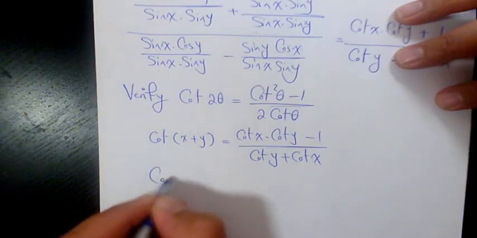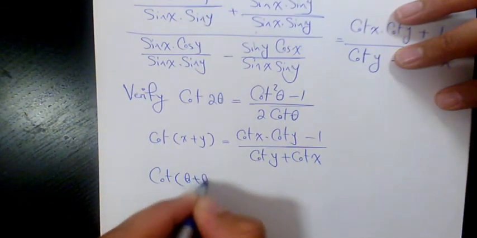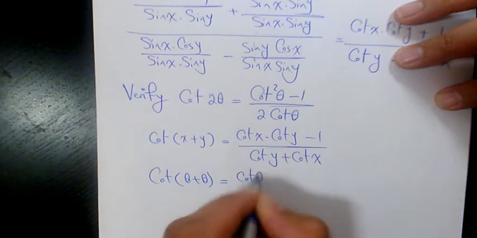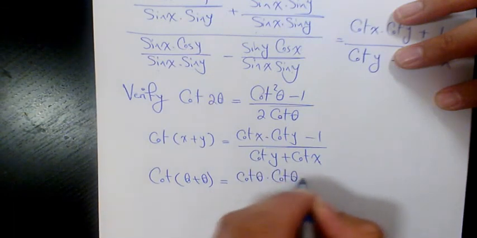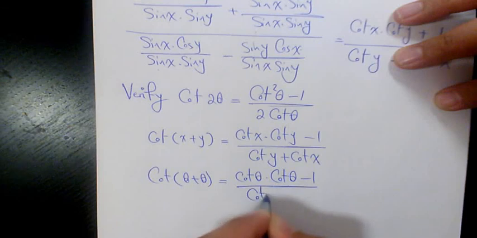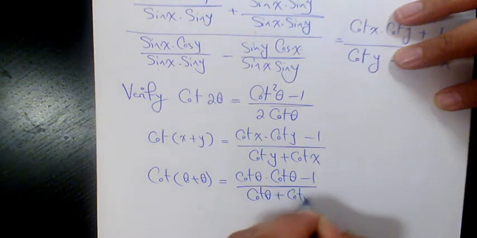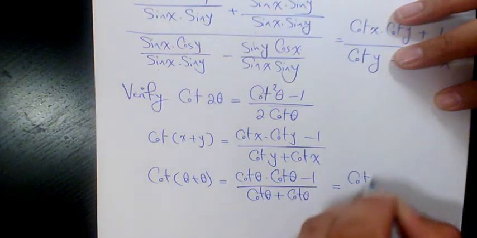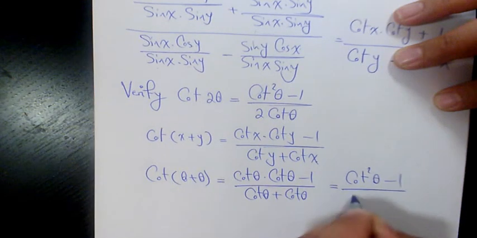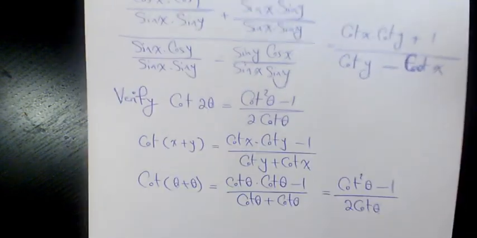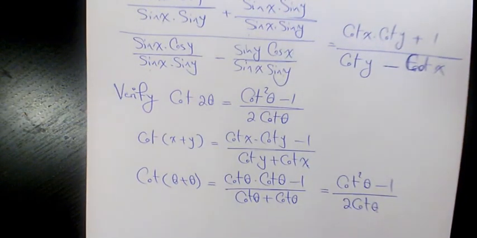Now we can say cotan theta plus theta equals cotan theta cotan theta minus 1 over cotan theta plus cotan theta. It's going to be cotan squared theta minus 1 over 2 cotan theta. That's exactly what you see here on top. So that's proven.